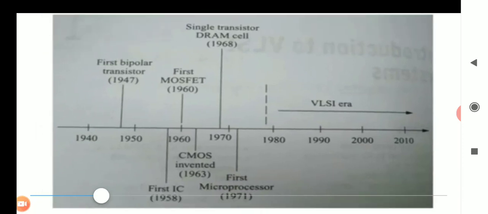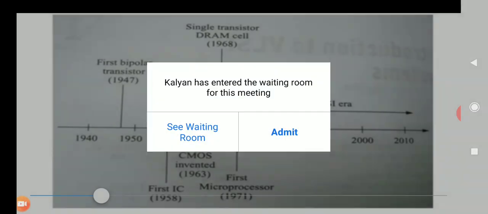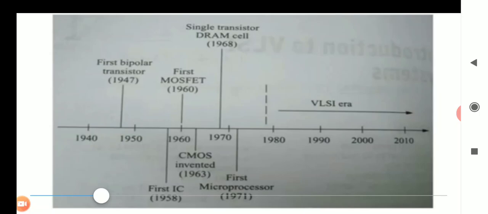In 1947, the first bipolar transistor was invented in the Bell laboratories. After the invention of this transistor, there was a great change in the electronic industry. There was a revolution. After that, in 1960 the first MOSFET was invented, and before that, in 1958, the first integrated circuit was fabricated.